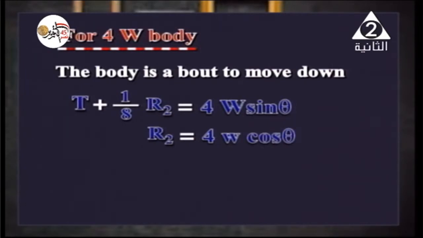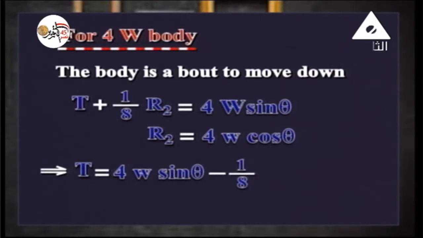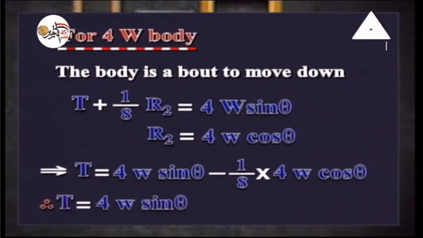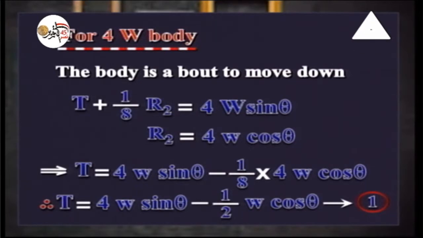By substitution of R2 equals 4W cosine theta, we deduce T plus 1/8 multiplied by 4W cosine theta equals 4W sine theta, therefore T equals 4W sine theta minus 1/8 times 4W cosine theta, therefore T equals 4W sine theta minus half W cosine theta. This is equation number 1.